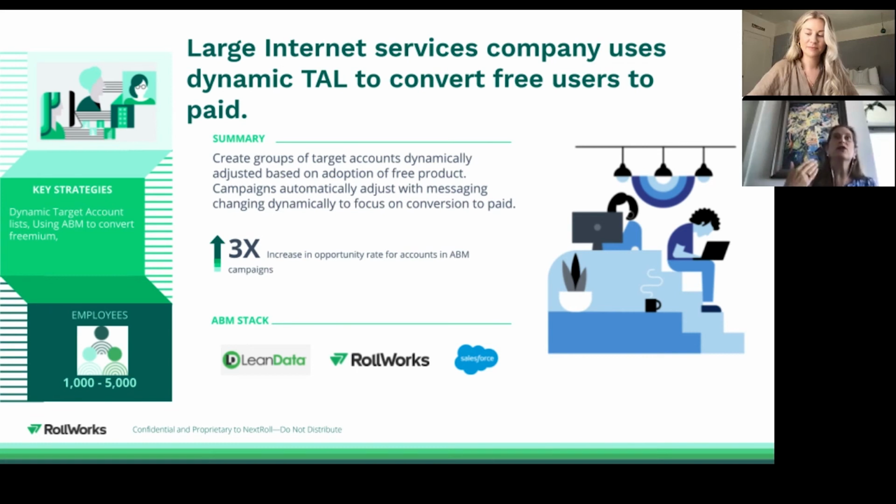And based on the usage, they're changing the messaging, creating air cover in accounts that are using the product heavily, and creating different messages to get those accounts to convert from free to paid. They saw a 3x increase in the opportunity rate for the accounts in those campaigns.